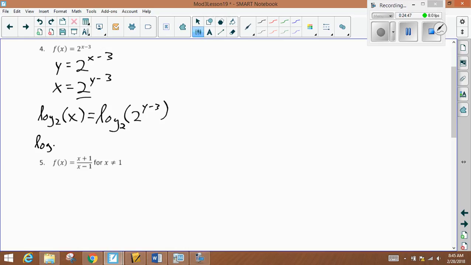So then this is going to look like log base 2 of x equals, and now I can pull the exponent out. Hey, that's fantastic, isn't it? It's good news. Now y has been broken free. Liberated, if you will. Viva la libertad.